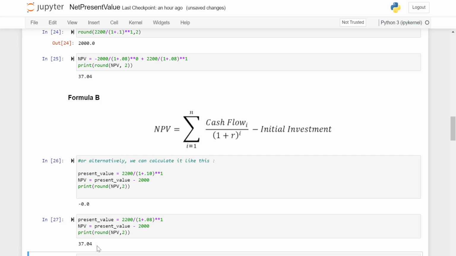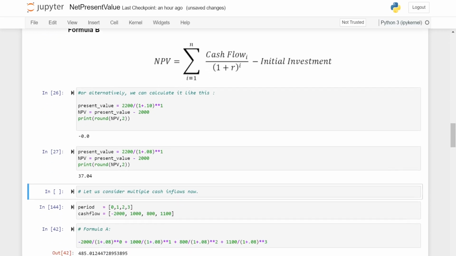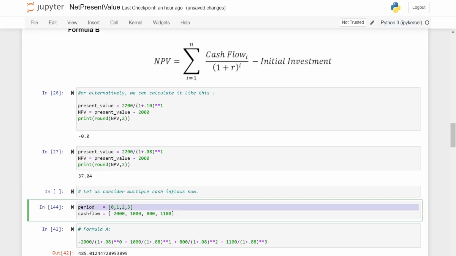Great. As we discussed about multiple cash inflows, now we will solve this problem. Here there are 4 periods. 0, that is now. 1 means 1 year down the line. 2 means 2 years down the line. 3 means 3 years down the line. The cash outflow, that is the initial investment, is minus 2000.